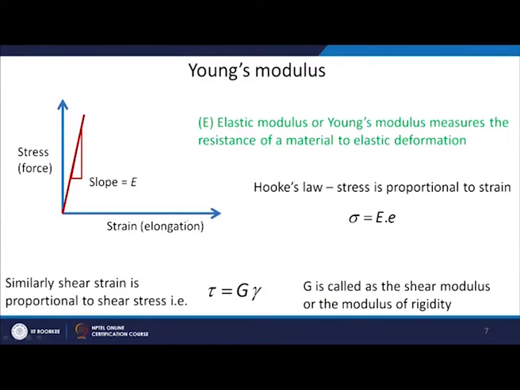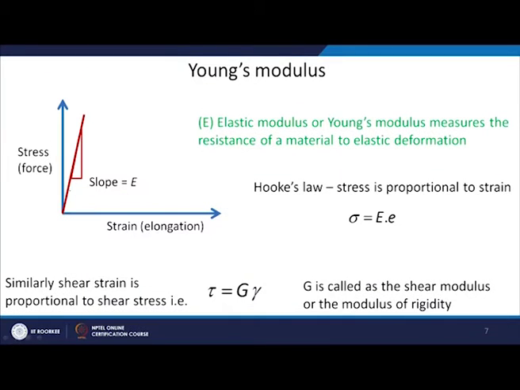So on the x axis it can be elongation, the movement of the crosshead, or you can convert that into strain, delta L by L. The machine will also give you force, which can be converted to stress: force divided by initial area gives stress. In the elastic part it will have this linear behavior between strain and stress. So stress is linearly dependent on strain, and the slope of this linear curve is what we call the elastic modulus or Young's modulus, E.